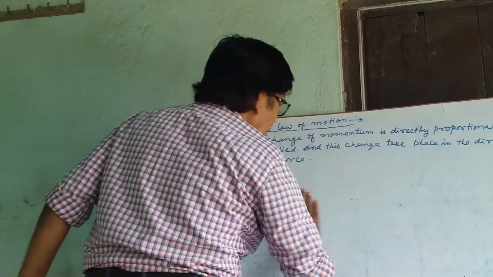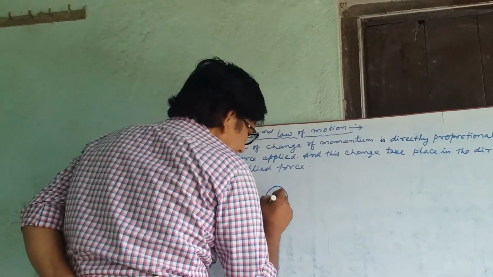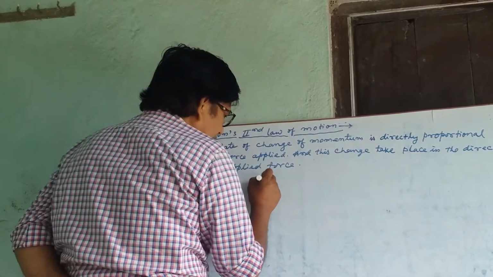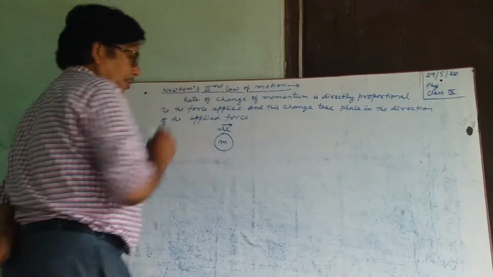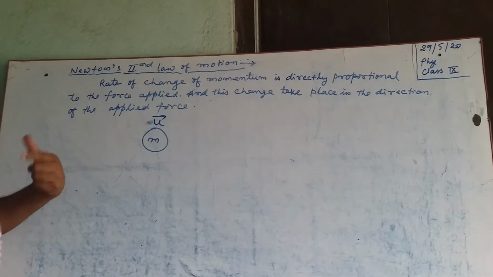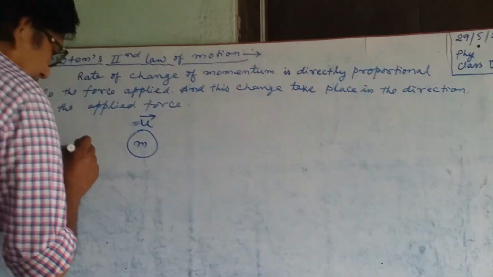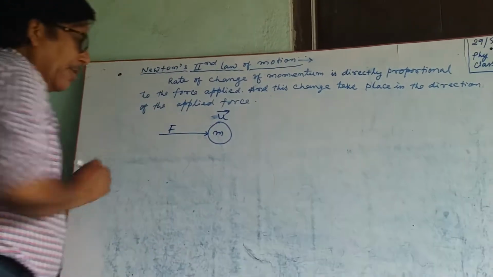Now let's describe the law. First, take a body of mass m, initially moving with velocity u, and then a force F is applied on it.